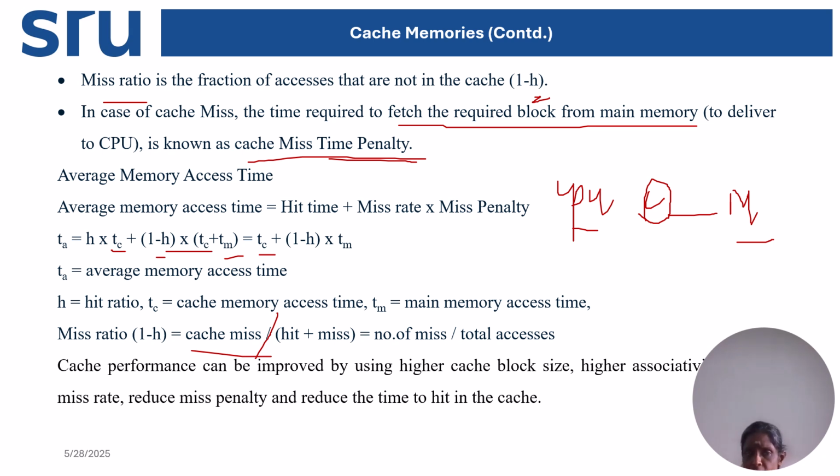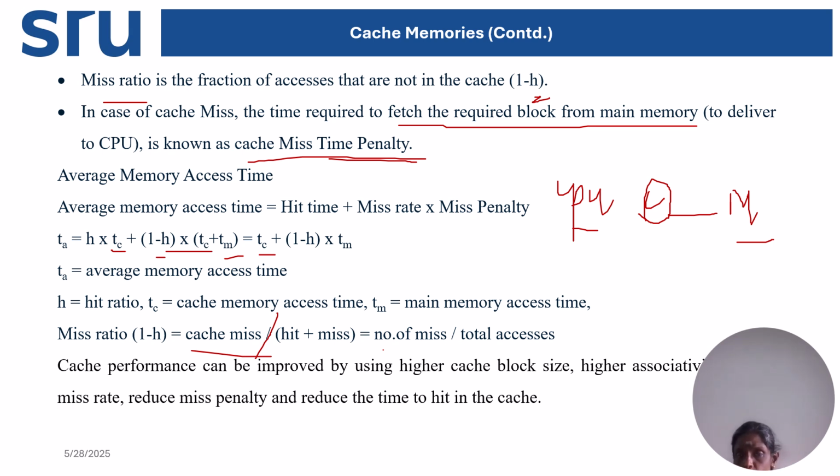So the number of cache misses divided by total accesses.